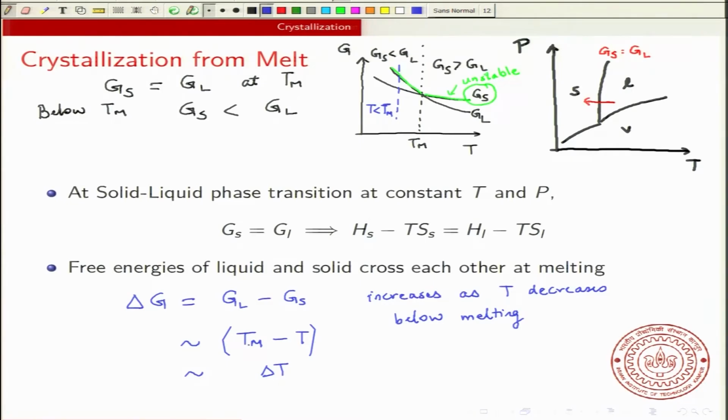So how much lower your temperature is than melting. If it is much lower than melting, then this quantity will be large and this delta G will be large. Okay. So you can think of this delta G, this difference in free energy, as a driving force towards crystallization.